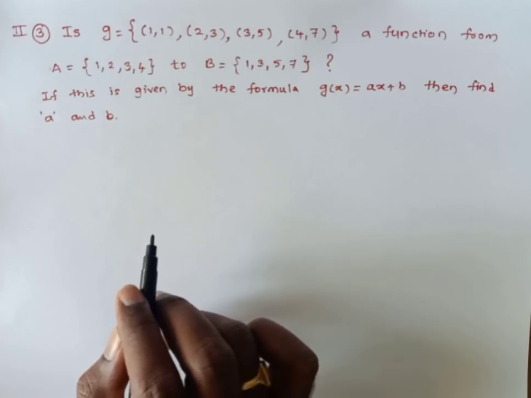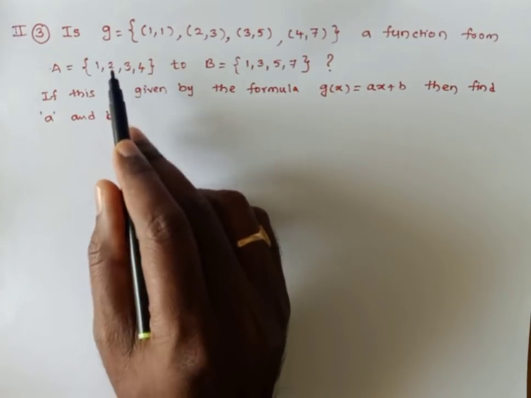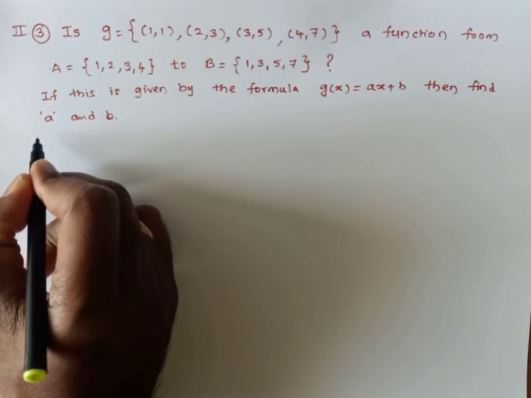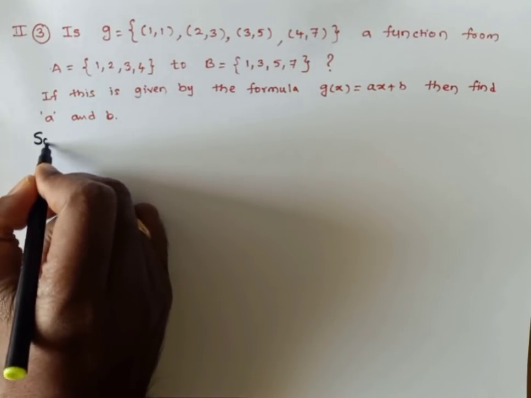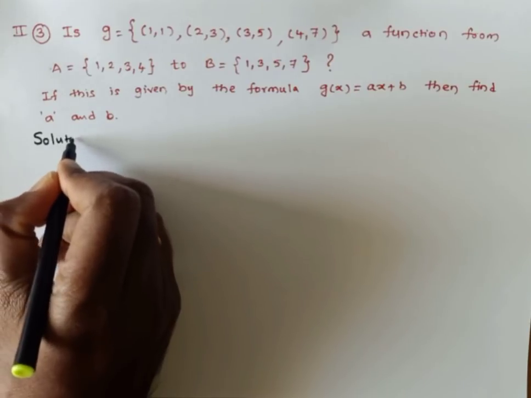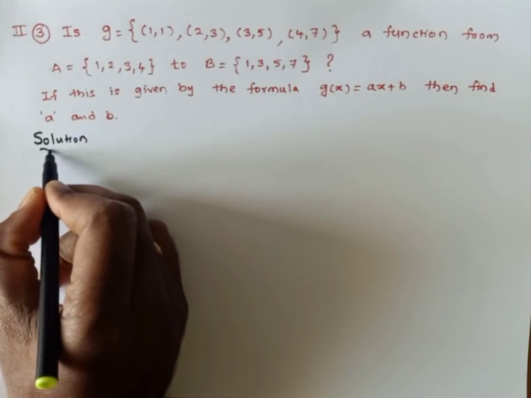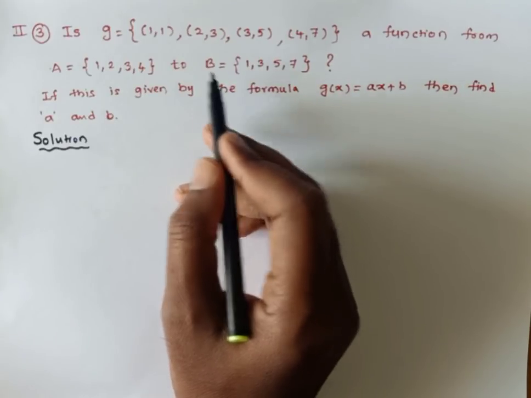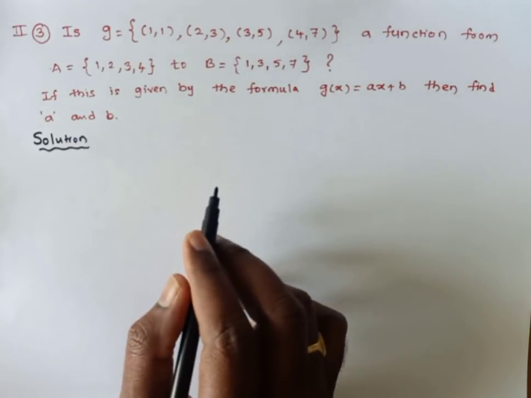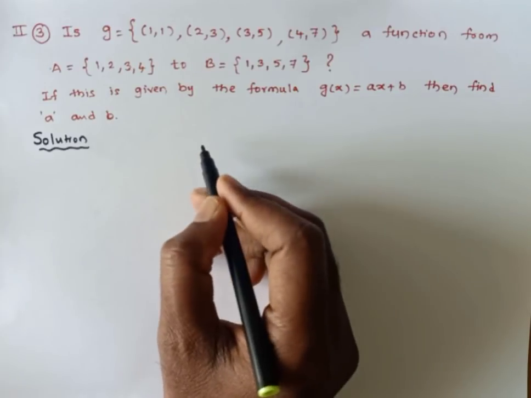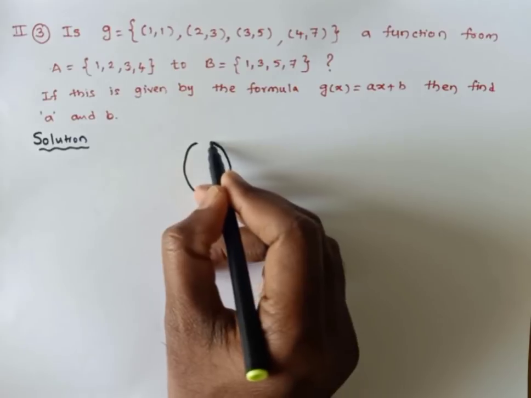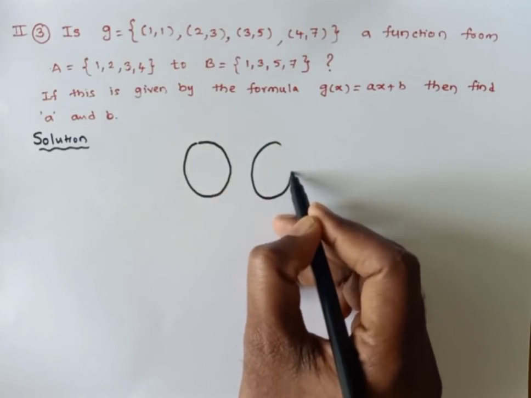First you need to check whether the given relation g from A to B is a function or not. And you know how to check this for a finite number of elements by using a tree diagram. Let us consider A and B are two sets.